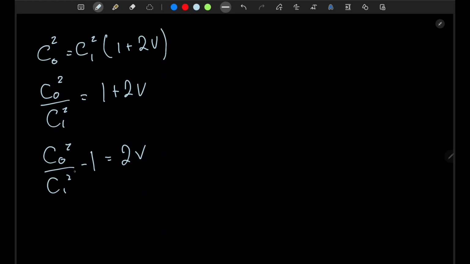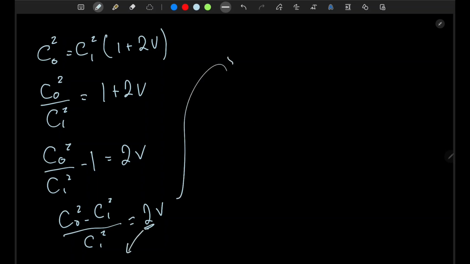If we take the c1, multiply the 1, and turn that into a common fraction, we have c0 squared minus c1 squared all over c1 squared is equal to 2v. And then we just have to push that 2 down, and then we're going to come up here. We have c0 squared minus c1 squared all over 2c1 squared is equal to v.